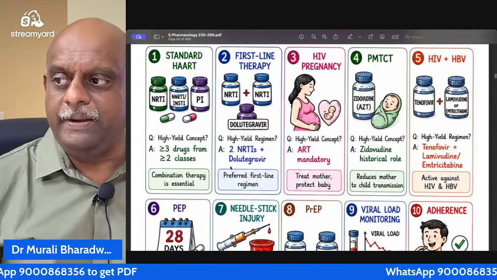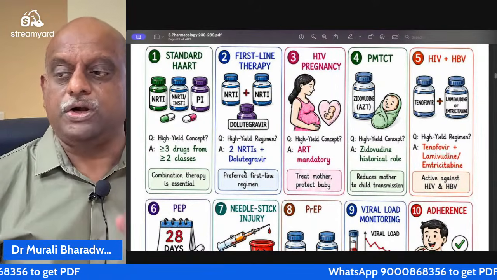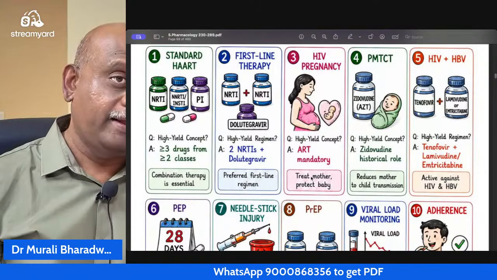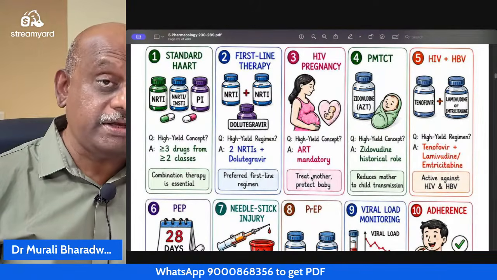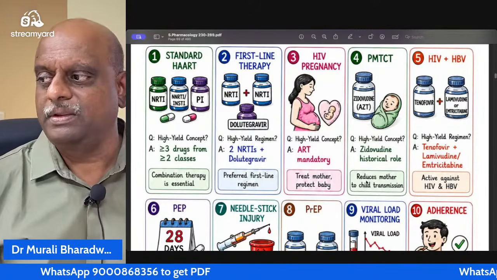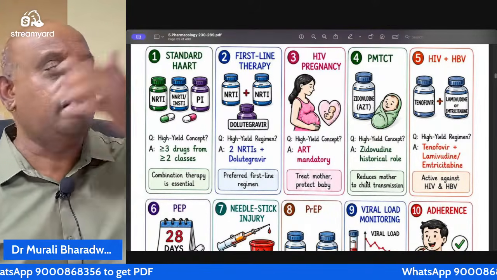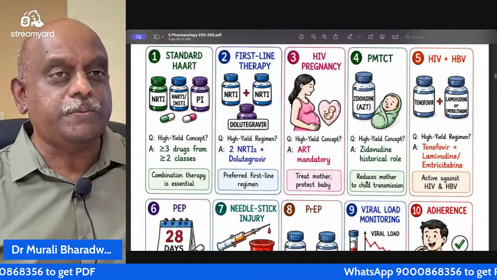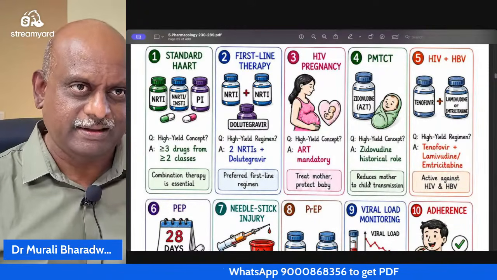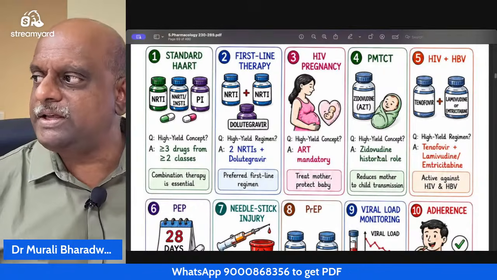Now, first line therapy is 2 NRTIs plus dolutegravir. In pregnancy, it is compulsory to give antiretroviral therapy when the mother is HIV positive. Originally, all obstetrical HIV regimes are zidovudine based. Zidovudine is considered to be safe.